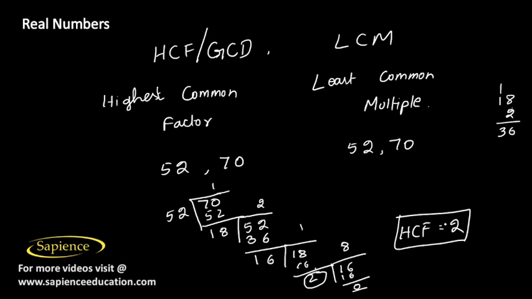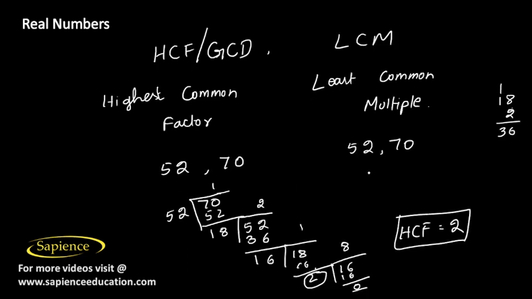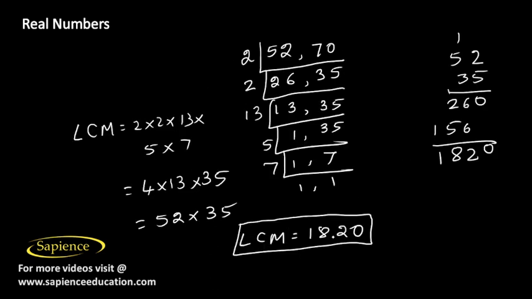So 2 is the common factor for both of them, the highest common factor. 2 is the biggest number that can divide both 52 and 70 with the remainder 0. And 1820 is the smallest number that can be divided by 52 and 70 with the remainder 0.